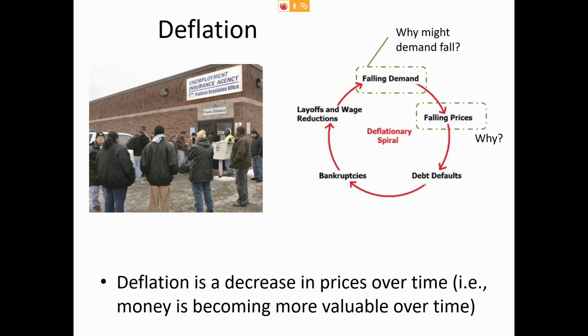So prices are going down, and now the risk is that the people who are selling things may default on their debts, because the production lines and the rent, the loan that's been taken out to renovate a restaurant, for example, all of that was predicated and planned on a certain number of items being sold. And so if you're not getting as much revenue coming into your business, you have the risk of your debt defaulting. And when you default on your debt, that may force other people into bankruptcy.